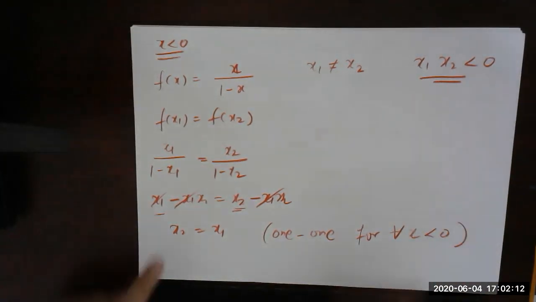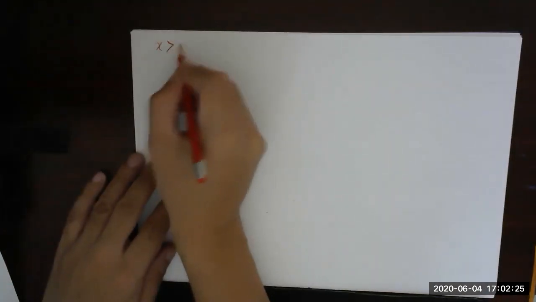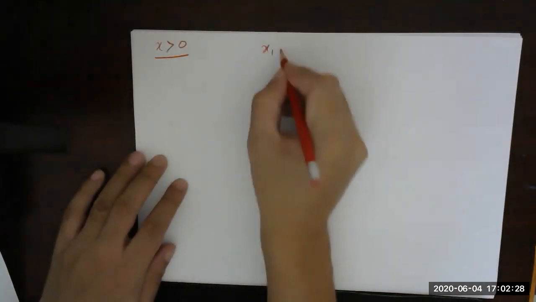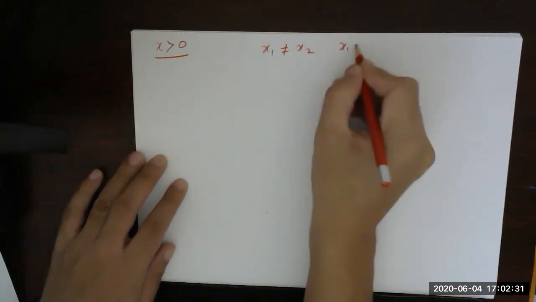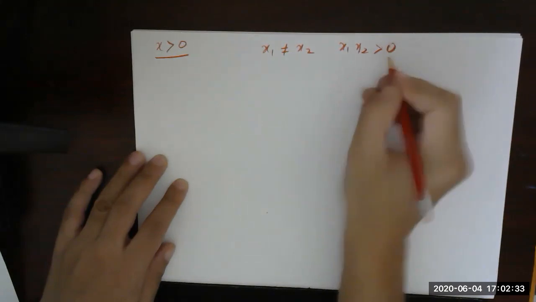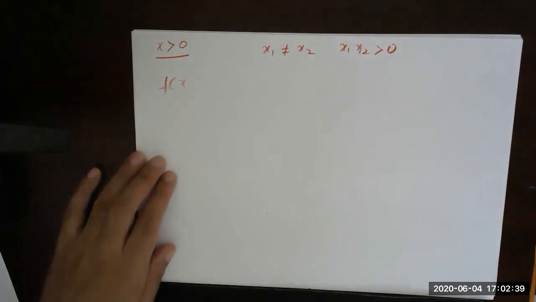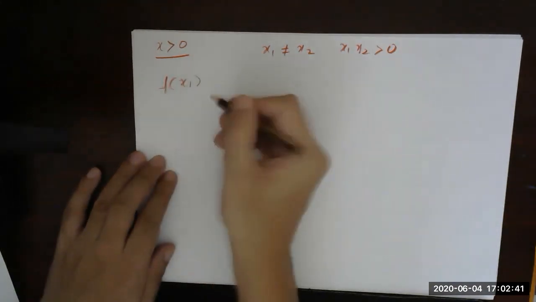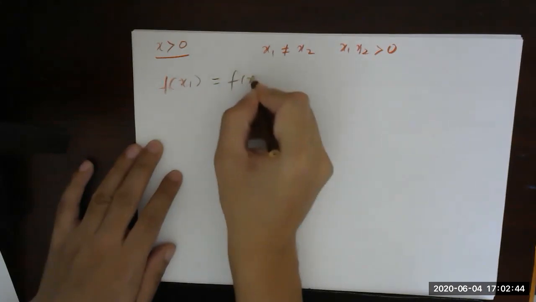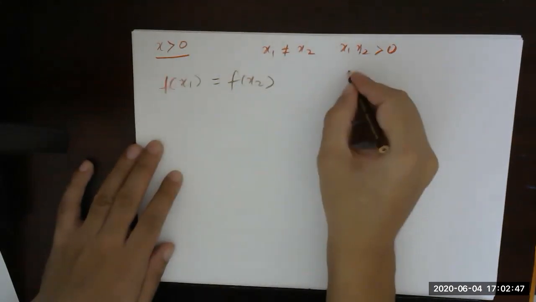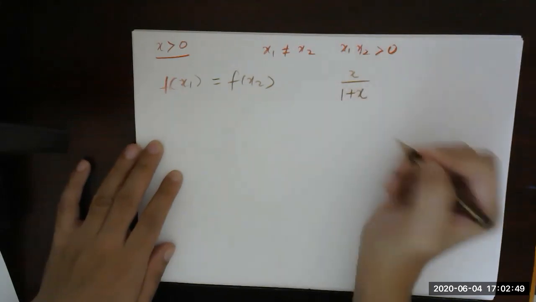Fine. Similarly, we can find for x greater than 0. If we have x1 not equal to x2, again both x1 and x2 greater than 0, we will equate f(x1) equals f(x2), and we know the function is x upon 1 plus x.